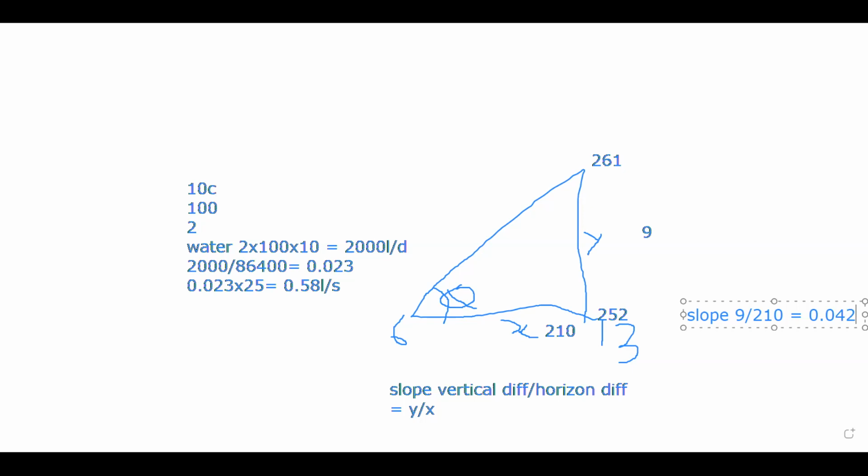But if you come to my chart, you won't see 0.042 because it's in percentage, but my chart is in per mil. So I'll multiply it by 10.